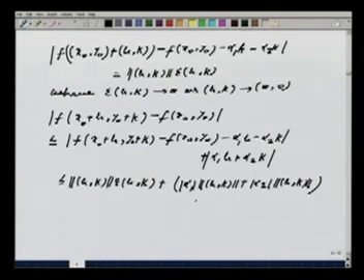I am just using the fact that mod h is less or equal to square root of h square plus k square.